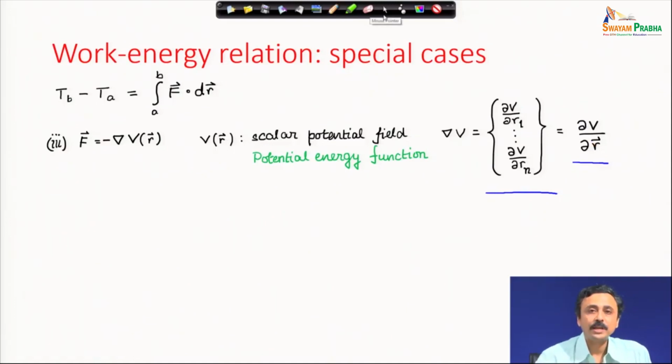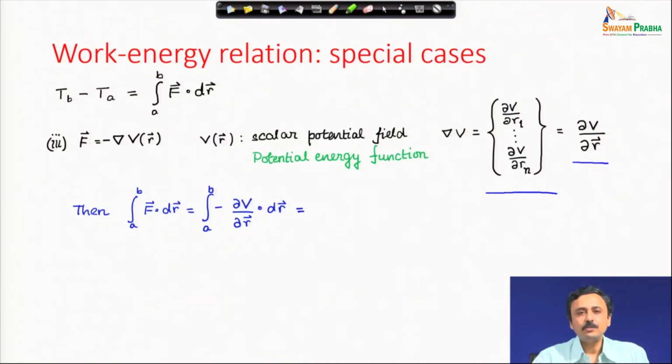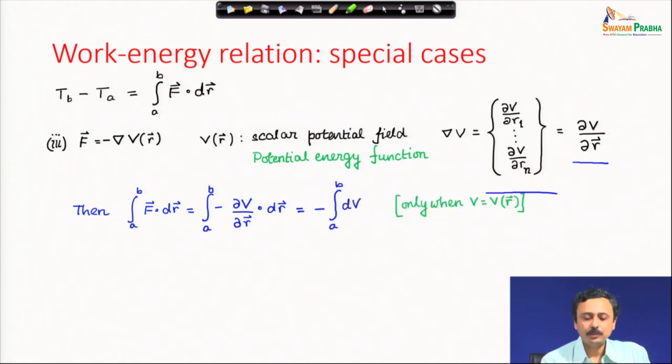If the force is the negative gradient of a scalar potential field, then let us see what happens. F dot dr, this is the work done, is minus del V del R dot dr, and that must be equal to minus dV. Remember, suppose V is a function of x and y, let us say two variables, then what is dV?